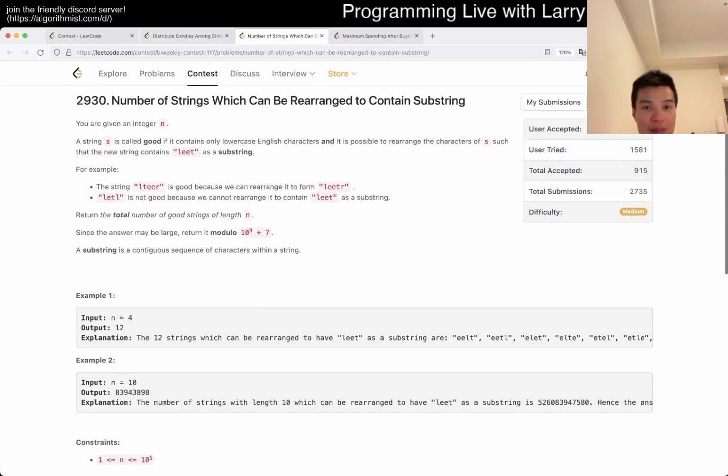But okay, what is this math today? Number of strings whose rearrangement contains a substring. The string s contains only lowercase letters, of length n. It is possible to rearrange its characters such that the new string contains the substring.